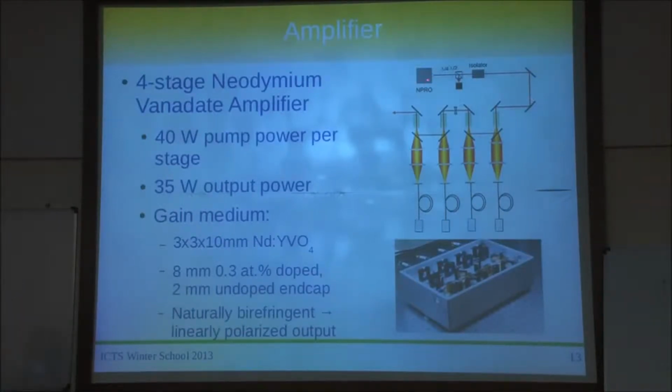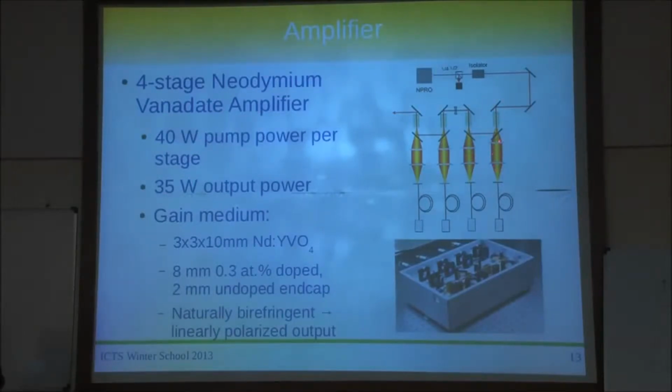So the light from the NPRO is cleaned up a bit in the polarization. What's coming out here is slightly elliptical. The polarization ratio is something like 5:1 or so, but that can be easily cleaned with a wave plate set here. It's sent through an isolator, which actually acts as an optical diode, so no light is going back to the NPRO. And then it's sent through 4 of these neodymium vanadate crystals, and they are longitudinally pumped.